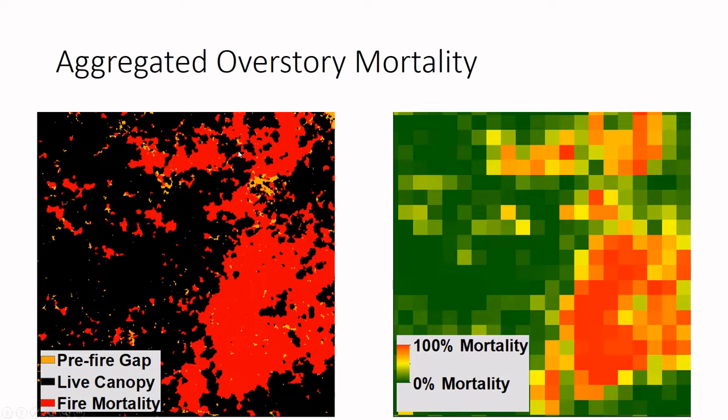So we aggregated it up to match the same resolution as the Landsat. And this on the right is just what percentage of this 30-meter pixel was dead according to our estimate of dead overstory trees. So we can see down here in the bottom right, we have close to 100% mortality. And then like the left middle, we have close to 0%. And then in the rest of the area, we have various numbers in between.